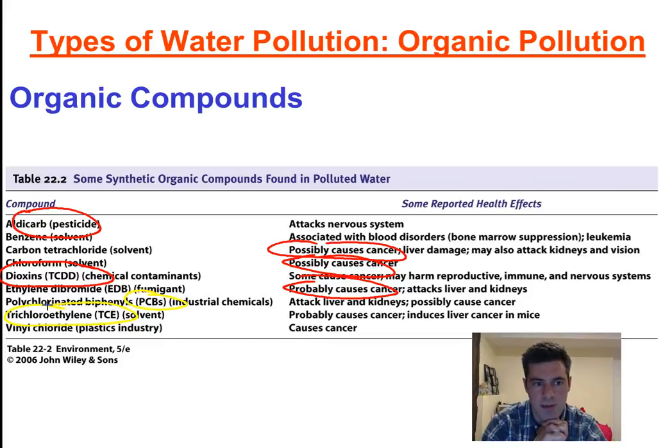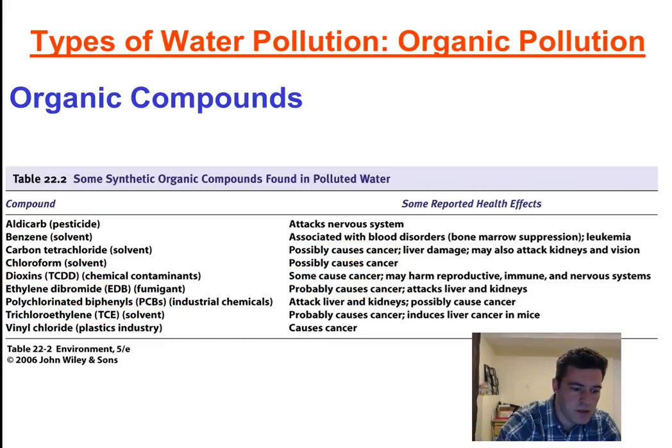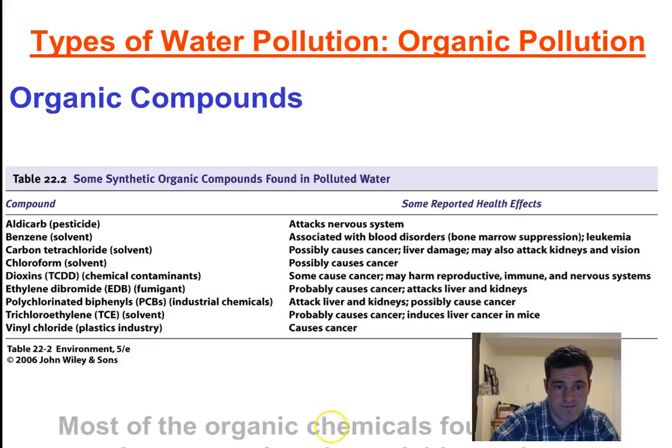Okay, so those are your organic compounds that you're going to come across that have gotten into our waterways. Mostly they're carcinogenic. Okay, and that's pretty much all you would really need to know about organic compounds. Okay, next, guys, let's get into talking about sewage.